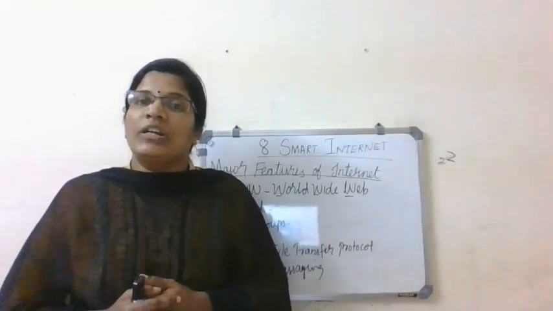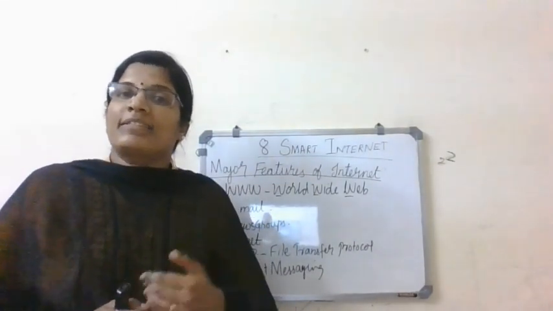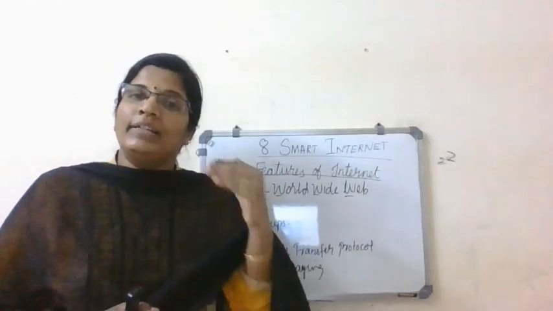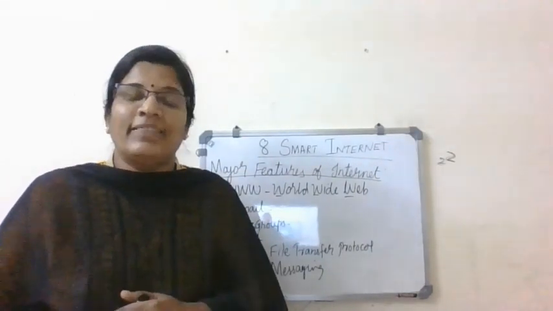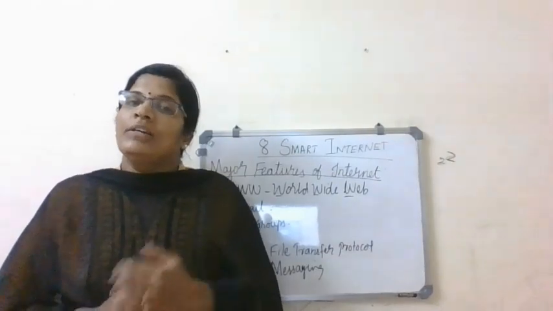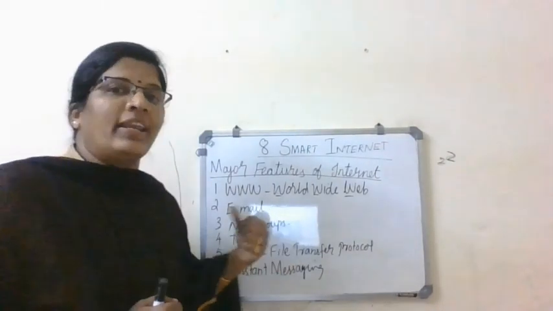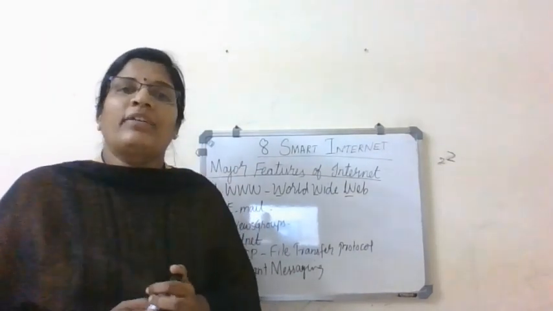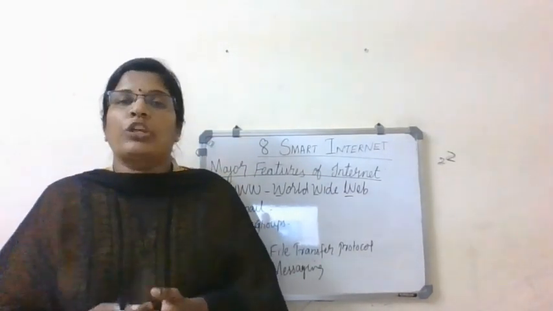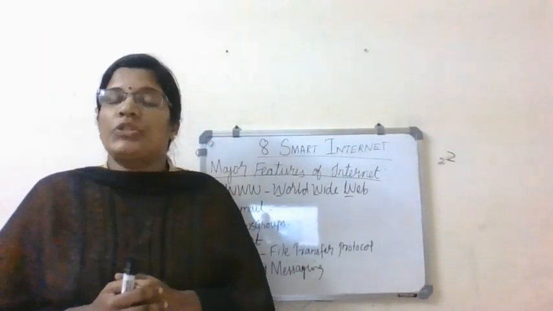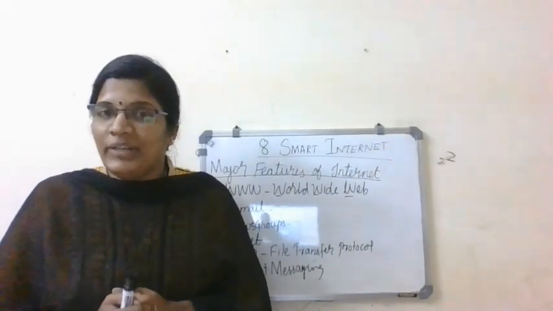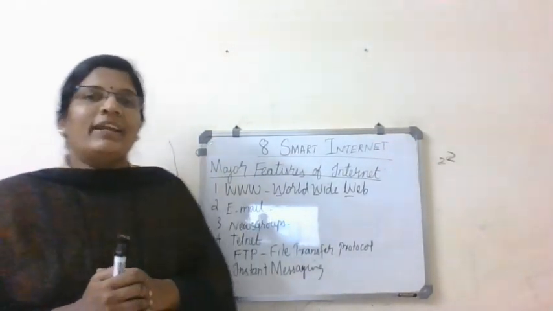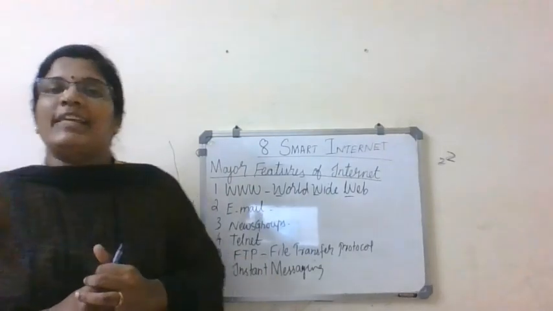Using the Telnet feature, we can access the content of one computer from another computer. Then FTP, File Transfer Protocol: you can transfer files, data, documents, everything from one computer to another computer. For that, you need to have that software.